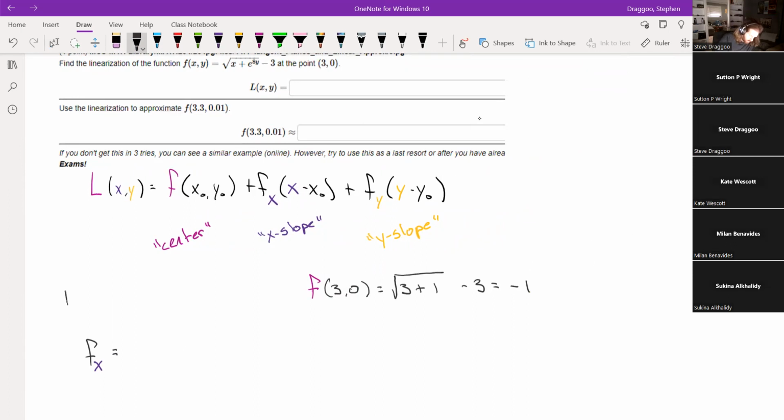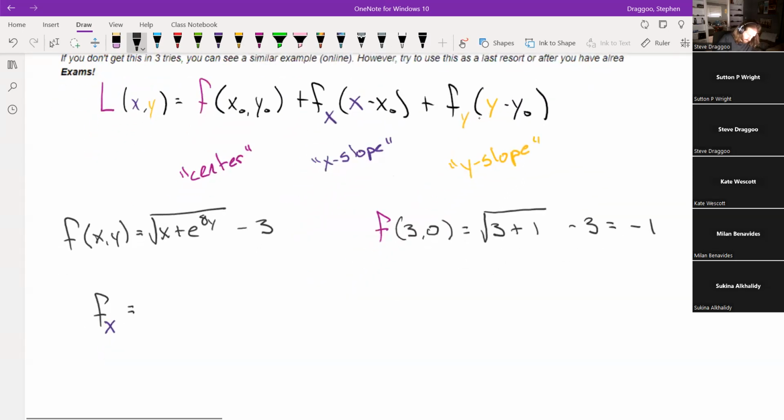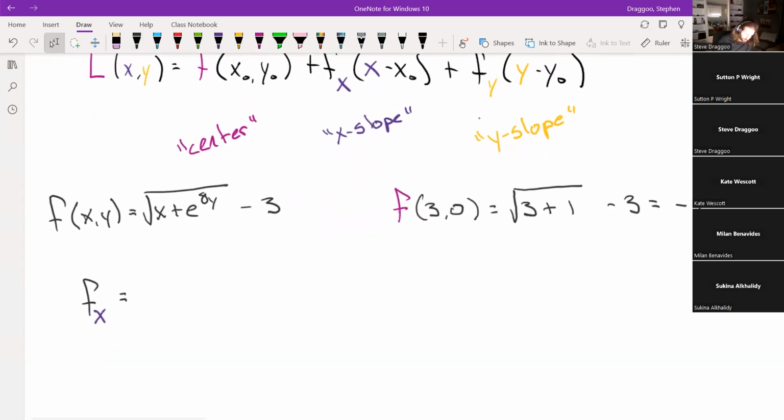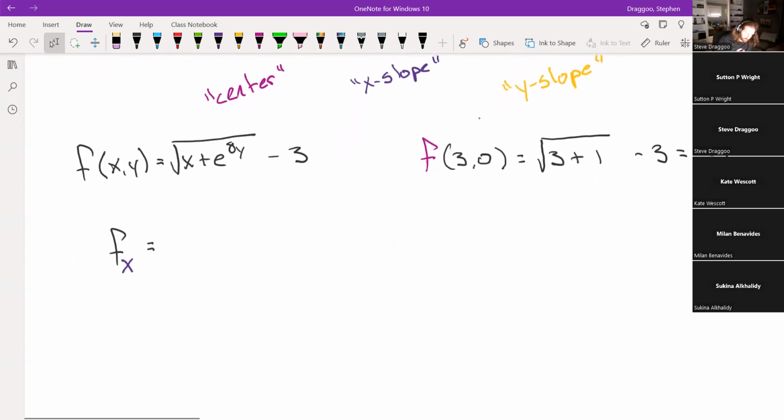It'd probably be helpful to just write it down here, wouldn't it? f of x, y is the square root of x plus e to the 8y, minus 3. All right. There we go. Now I've got some more space to work.